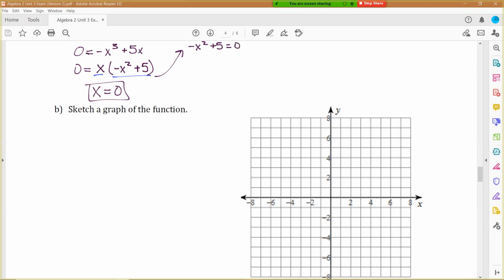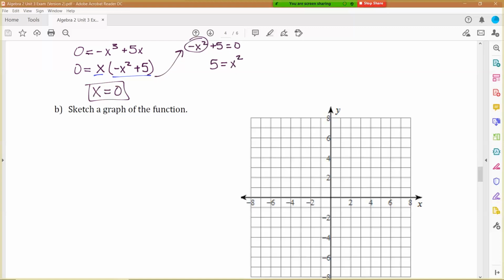Well, to get x squared by itself, you can either subtract the 5, or I would add this term because it's negative. So I would add x squared to both sides to get 5 equals x squared, just because it's negative and I want to move it. You could subtract the 5, but then you'd have to divide by the -1, and that would take you 2 steps instead of just 1.